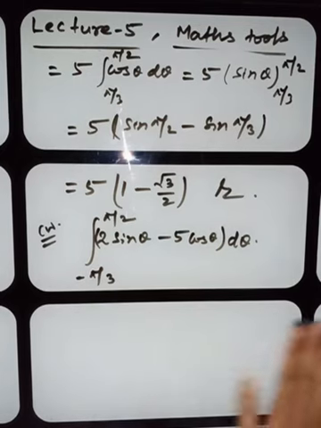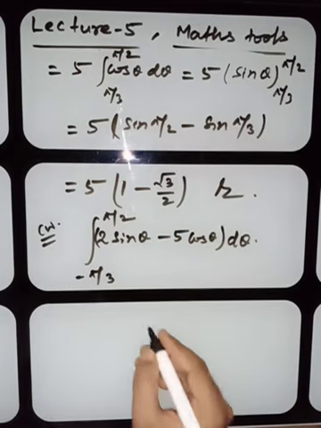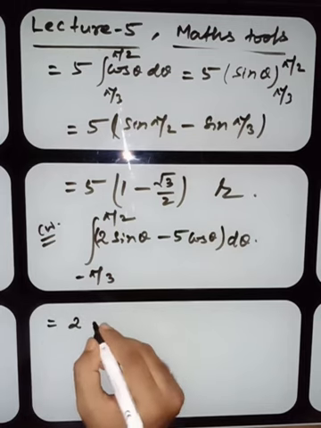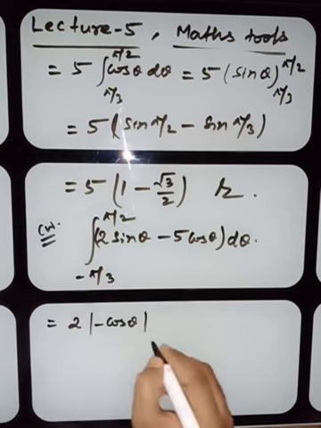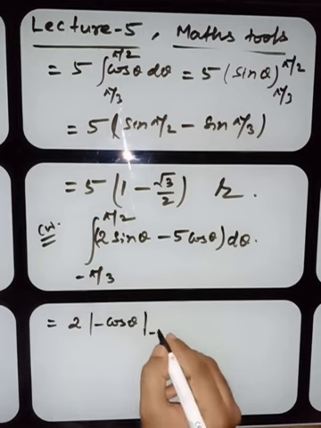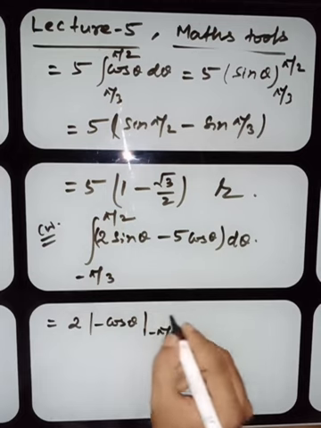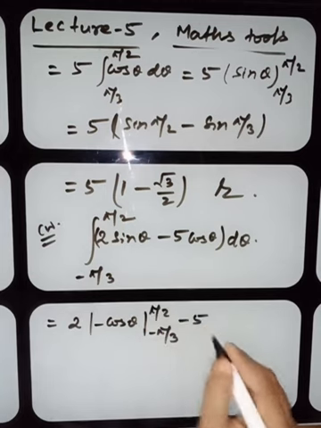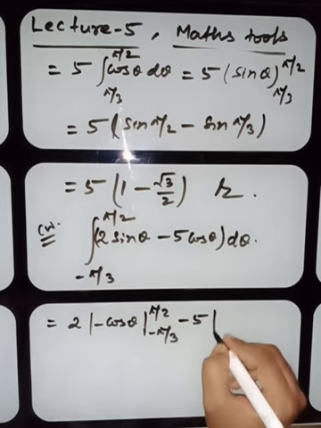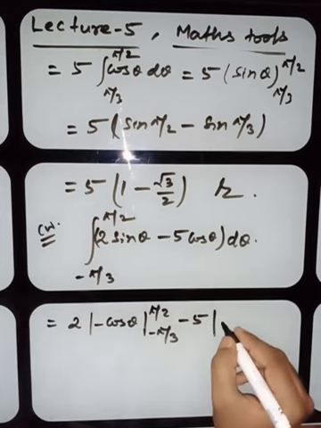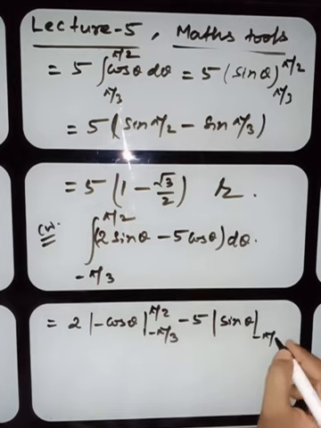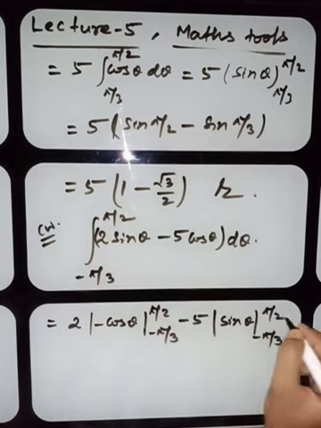Let me wrap this. We don't have sufficient space. Now integrate. 2 will be taken out for this one, and the integration of sine theta is minus cos theta. Now put the limits individually, minus pi by 3 to pi by 2. Now minus 5 will be taken out. The integration of cos theta is sine theta, with limits minus pi by 3 to pi by 2.